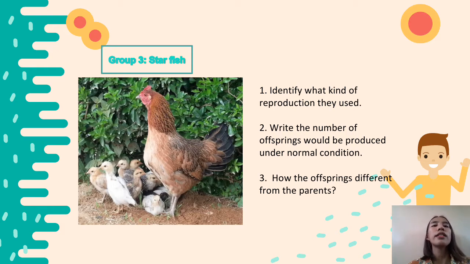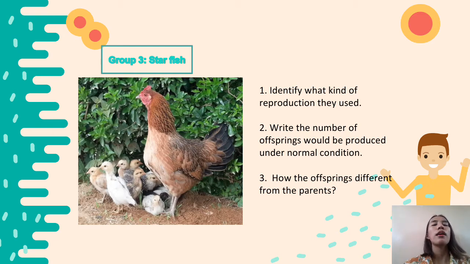The assigned organism to group 3 is chicken. And how do they reproduce? Okay, so the rooster takes the opening of the hen, and then the sperm swims into the oviduct, and the egg will be fertilized.